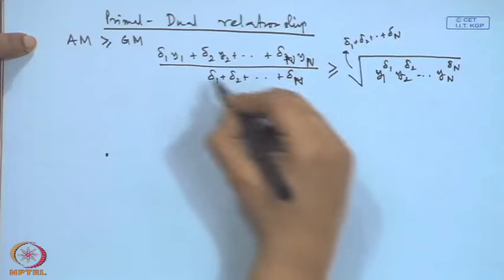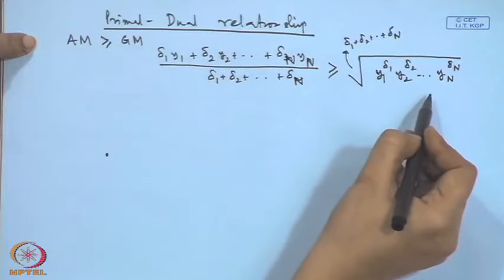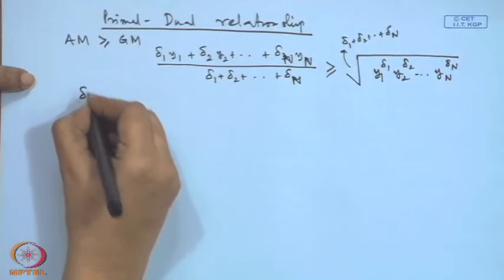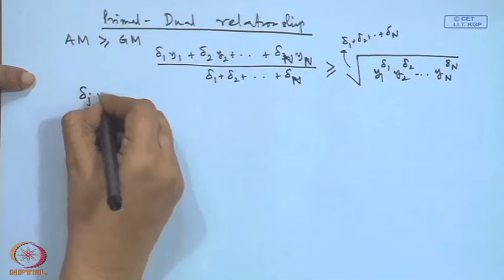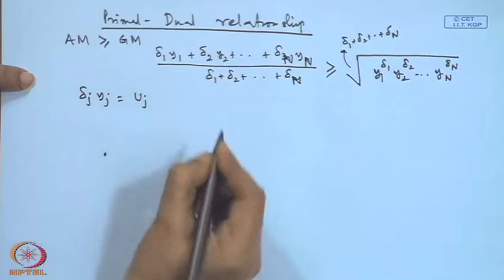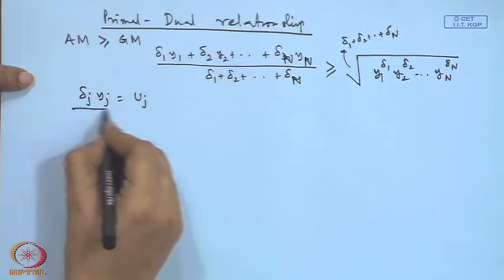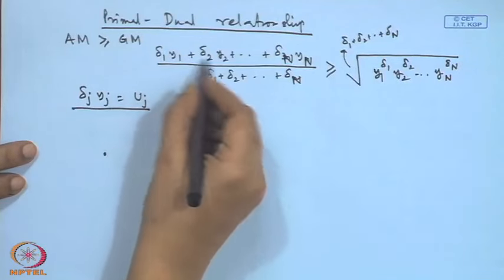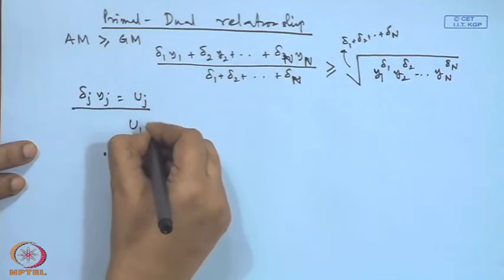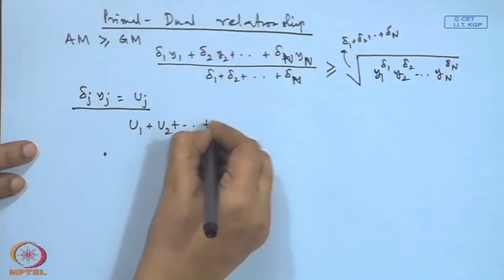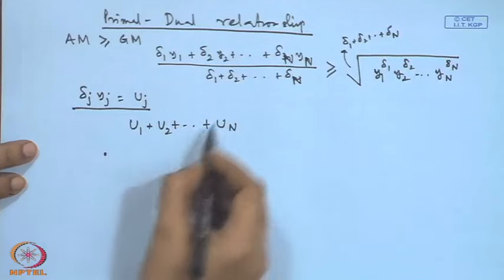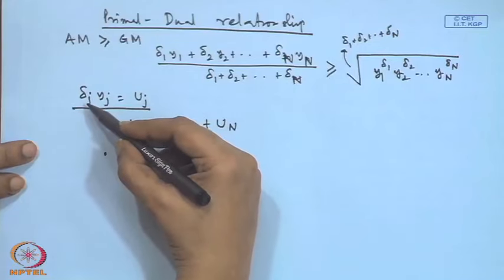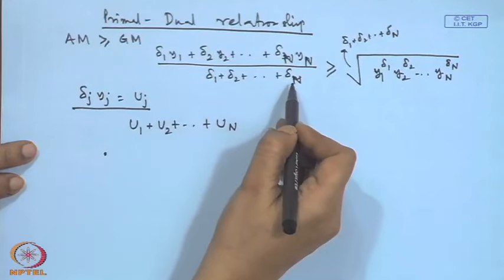And as we know that the arithmetic mean is greater than or equal to the geometric mean, now you see what we can do next. Let us consider delta j yj is equal to uj. If this is so, then we can relate our geometric programming problem very easily. We get u1 plus u2 up to un divided by delta 1 plus delta 2 up to delta n, which is equal to 1, because we are considering deltas in such a way that the summation is equal to 1.